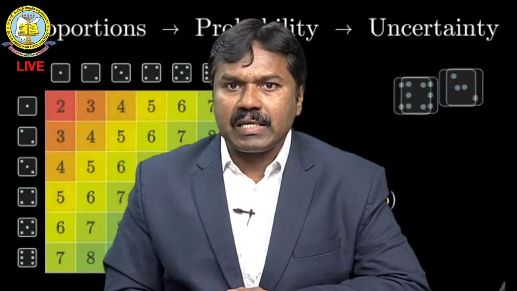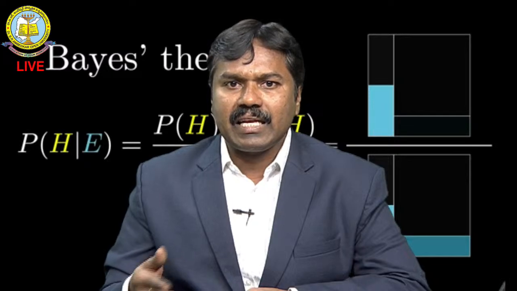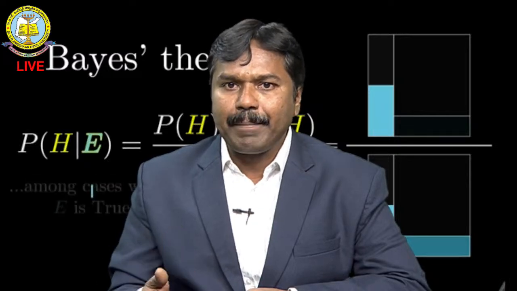For example, the first application is student performance. If a student studies regularly, their chance of passing an exam is increased. They may get good results. In terms of probability, let A be the event of passing the exam. Already happening event is what? Let another event we define, let B be the event of studying regularly.